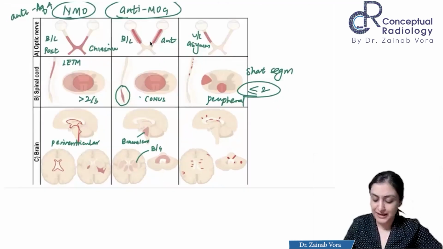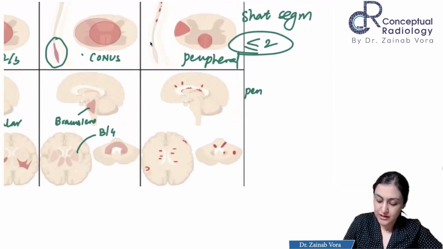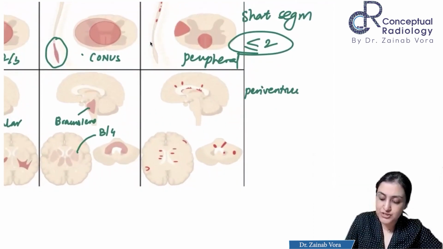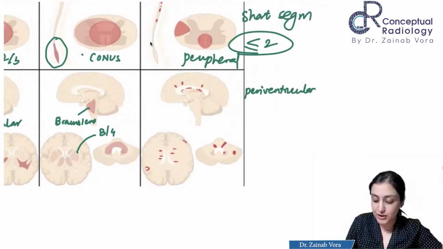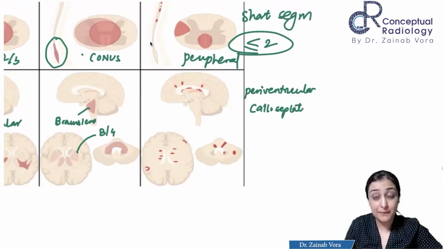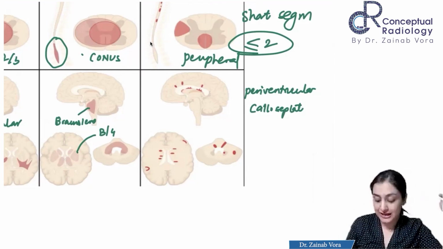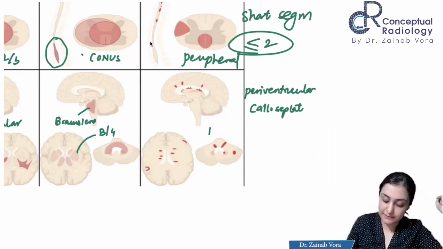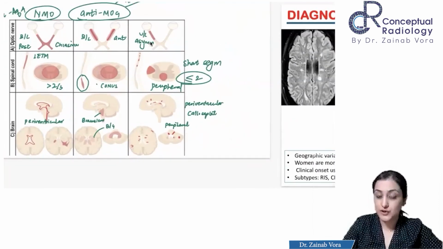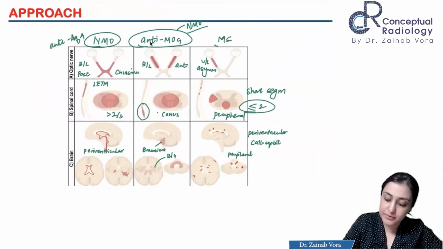You see this periventricular white matter, and you see a predisposition for the calloseptal interface, right? So we see that near the corpus callosum, there are these perpendicular lesions which are there along the veins. It has a perivenular distribution. Even in the brainstem, what is the typical thing? It is peripherally oriented in the brainstem. So this is the hallmark of multiple sclerosis.